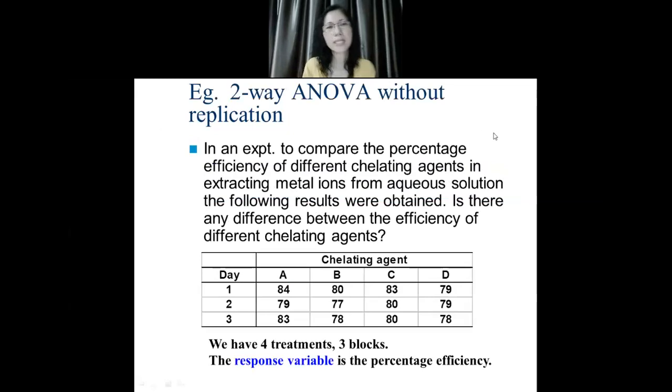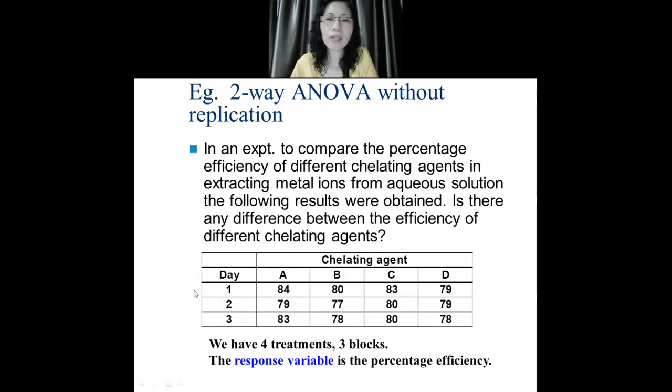Now we look at one example. By looking at the example, it will be easier for you to understand. In an experiment to compare the percentage efficiency of chelating agents in extracting metal ions from aqueous solution, the following results were obtained. Is there any difference between the efficiency of different chelating agents?